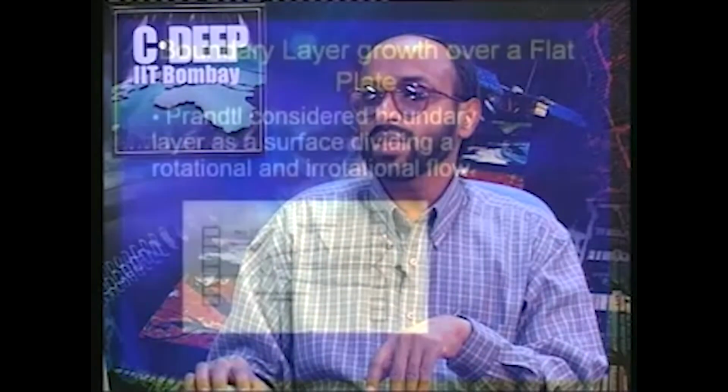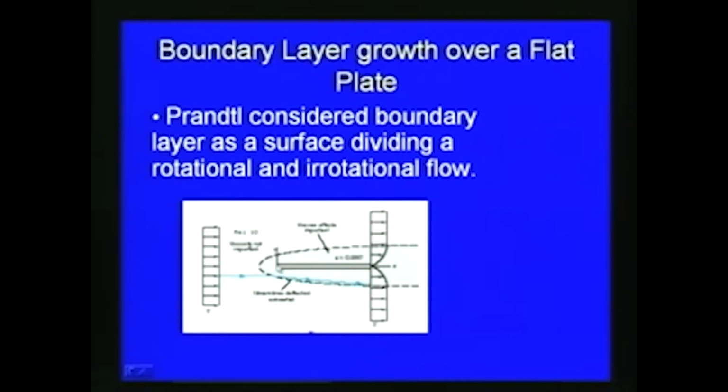Here you can see that when a free stream velocity is coming over the flat plate, shown on both sides, the boundary layer is developing, and this is the rotational flow field within the boundary layer, on both sides of the plate. Beyond this, Prandtl considered irrotational flow. This is plotted for a Reynolds number of 10 to the power of some value, showing how the fluid flow behaves over a flat plate.